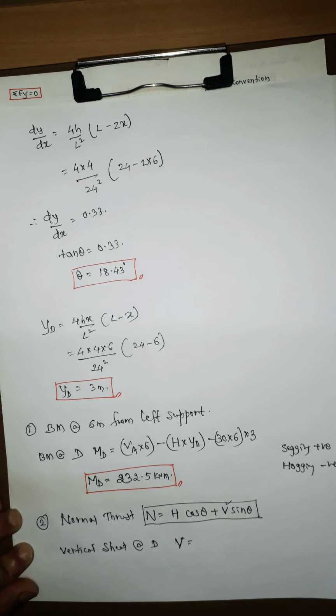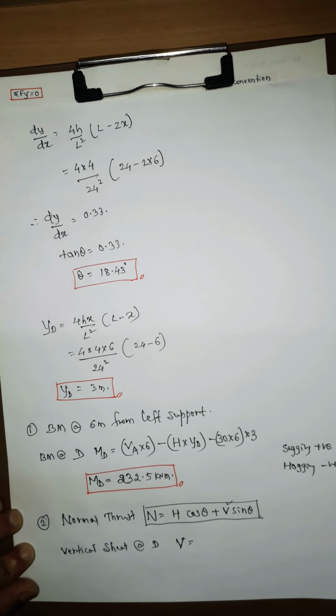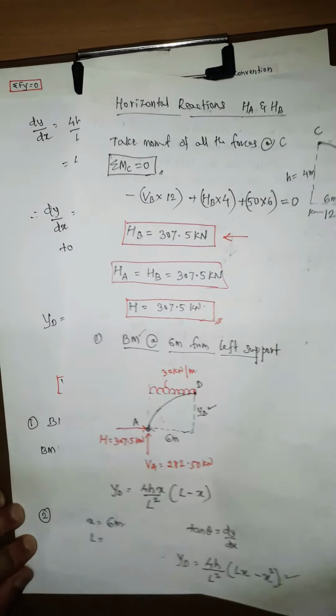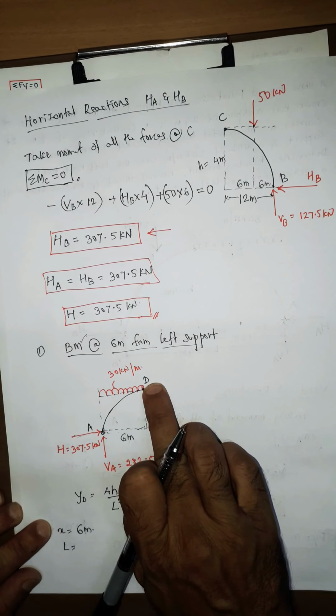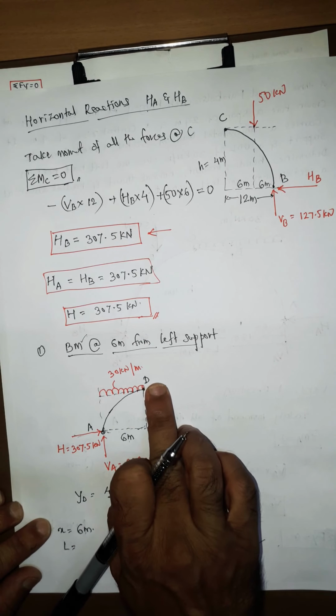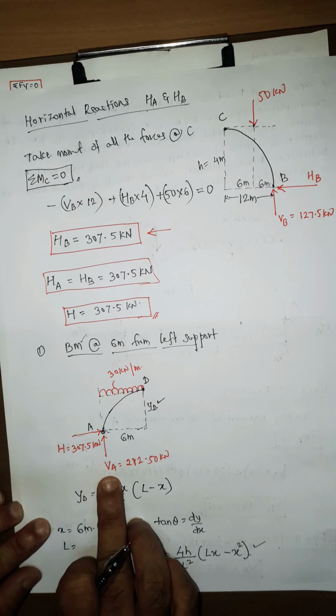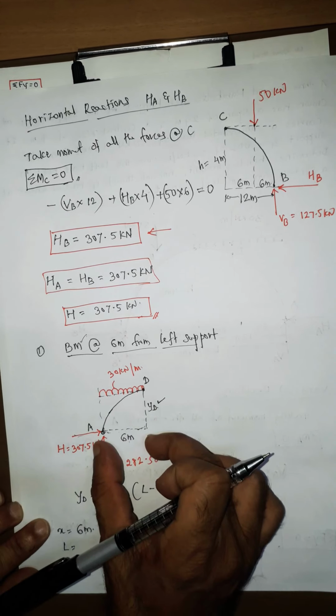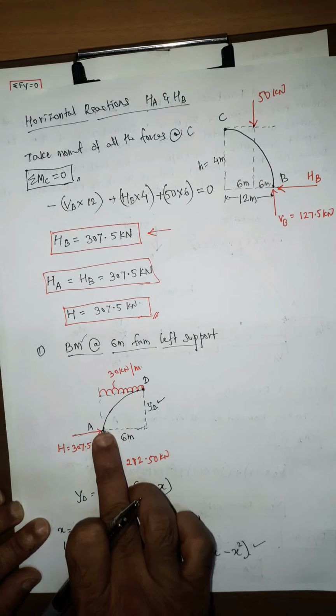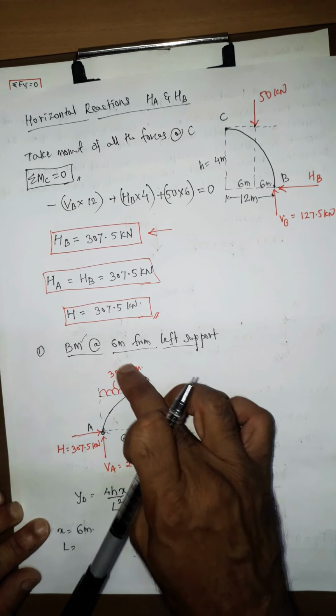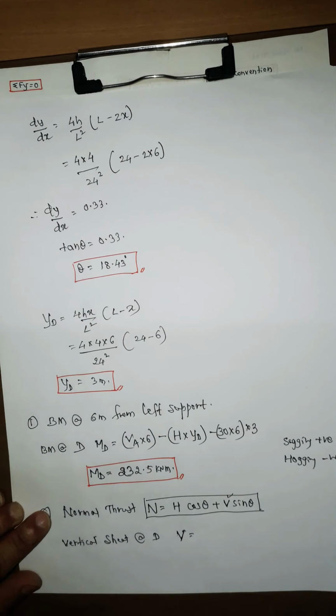now here you can see what is the vertical shear at D. Add all the vertical forces. How many vertical forces here? One is VA and another is 30 into 6. This is down. So this is plus VA and this is minus 30 into 6.